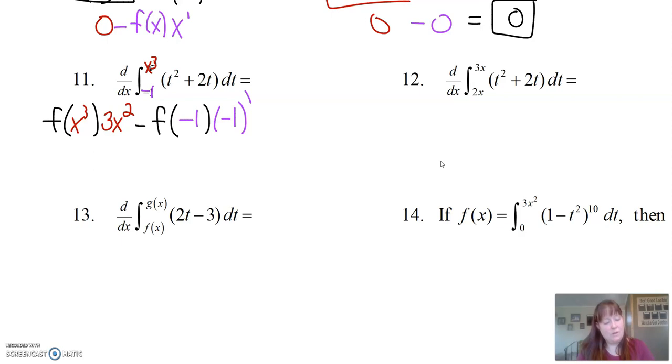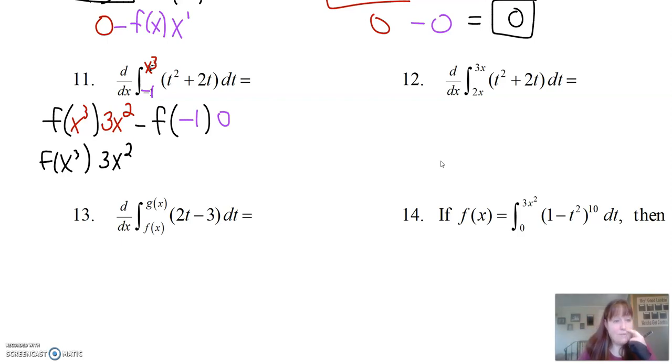We don't even need to write that anymore because we're getting pretty good at remembering that it's just 0. So that whole thing goes to 0, and we end up with f of x cubed times 3x squared.